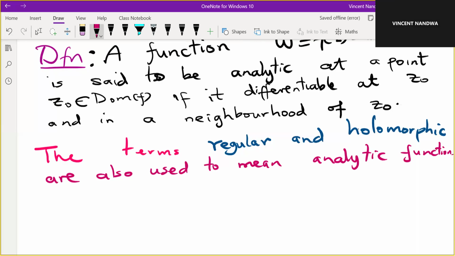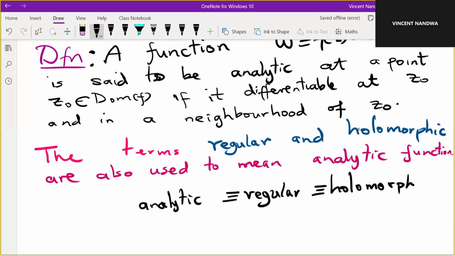So when we say analytic, it is the same as saying regular, the same as saying holomorphic.